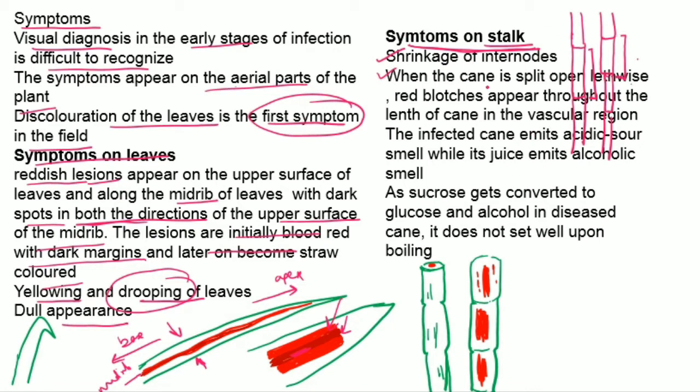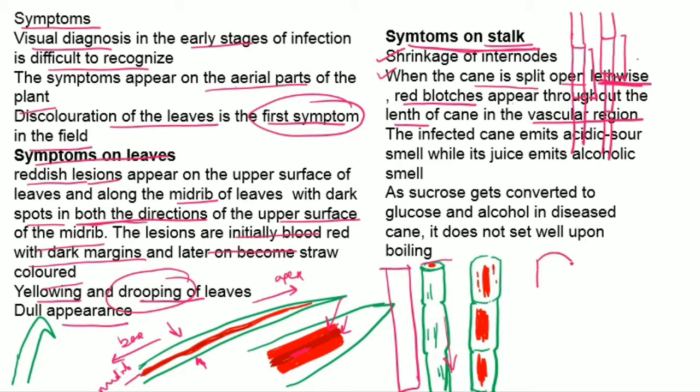Next, when the cane is split open lengthwise, red blotches appear throughout the length of the cane around the vascular region. That is, suppose this is the stem of the sugarcane plant, and now if the sugarcane is cut longitudinally, in this direction, and then cut open, it will look somewhat like this.